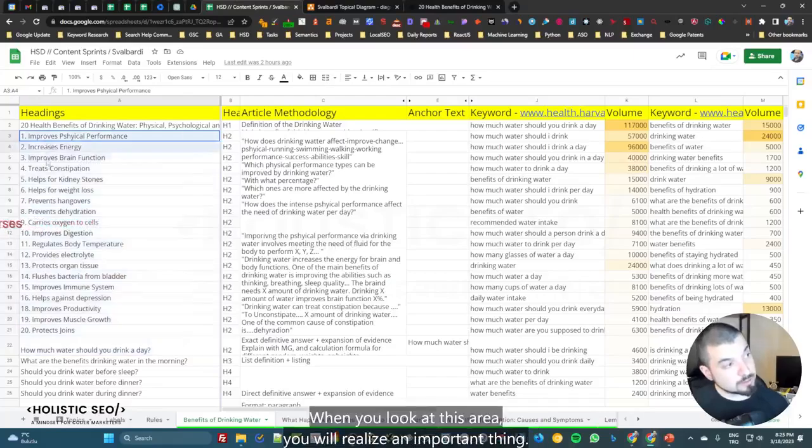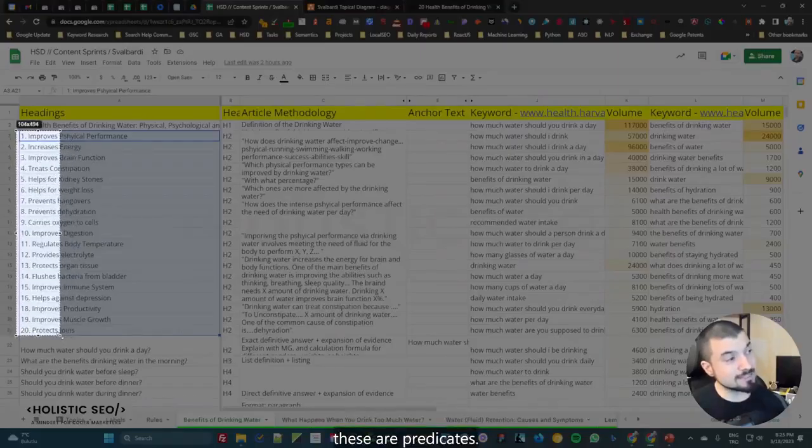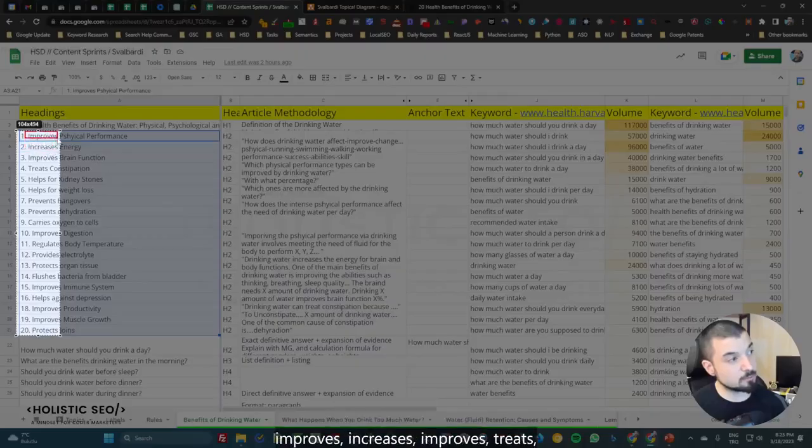When you look at this area, you will realize an important thing. All the first words that we are using are predicates. And as you see here, we have mainly positive predicates: improves, increases, improves, treats, helps, prevents, carries, regulates, provides, protects, flushes. Okay, it's a bit natural.